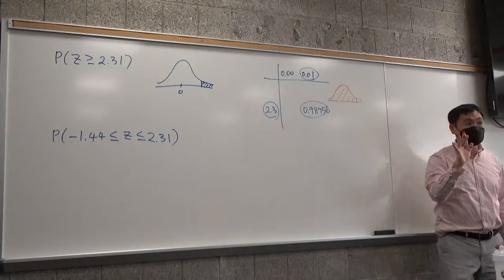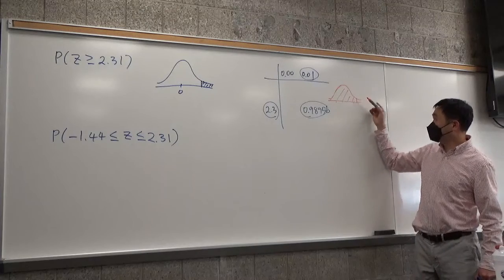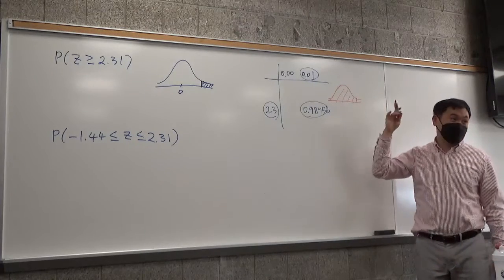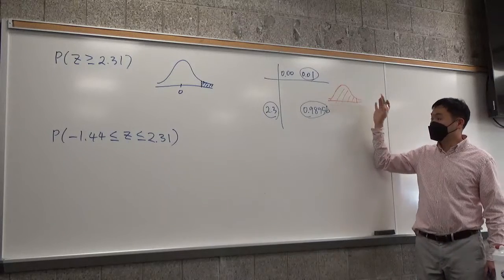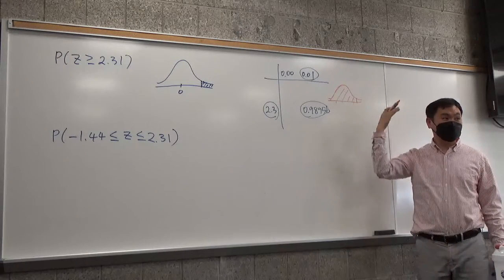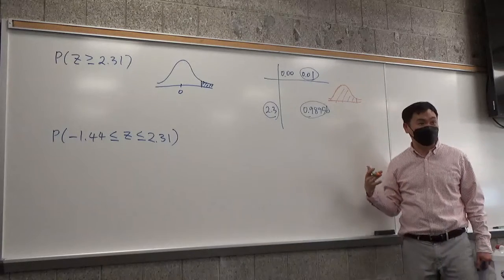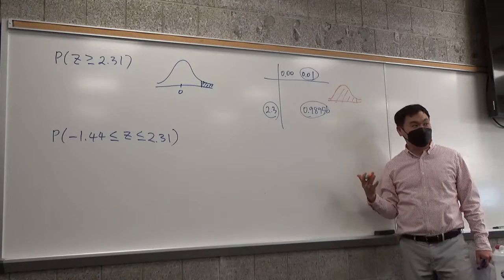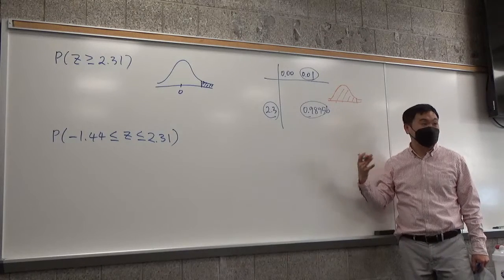And you should also know that indeed it makes sense because 2.31 standard deviations is actually quite far to the right. Okay, if something is above 2 standard deviations or below negative 2 standard deviations, those values are not usual values you would expect.